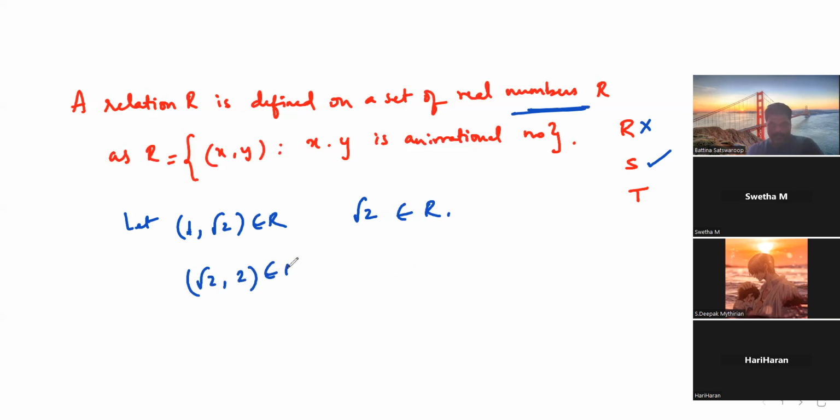belongs to R. Then 2 root 2 also belongs to R. But the problem here is, what is the problem? If I take (1, 2), they do not belong to R. Correct?